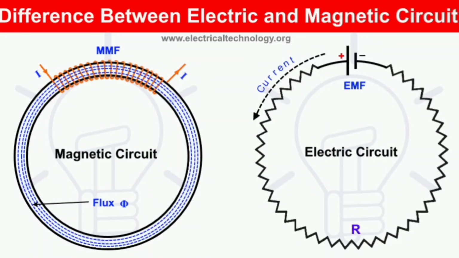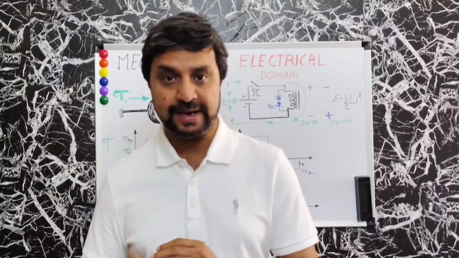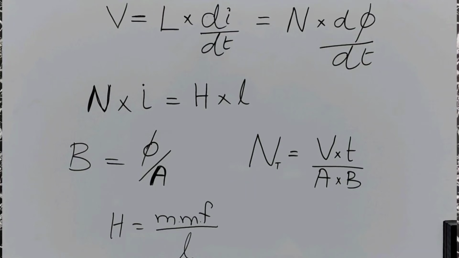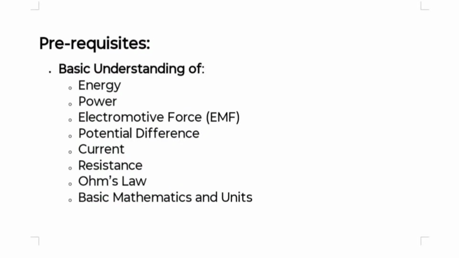Second part is an electrical system and magnetic system analogy. Third is basic important equations and their relationships. For you to have the best takeaway from this, there are some prerequisites. They are basic understanding of energy, power, electromotive force, potential difference, current, resistance, Ohm's law, and basic mathematics and units.